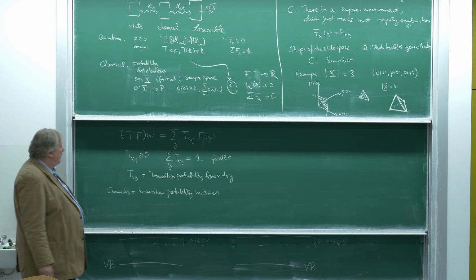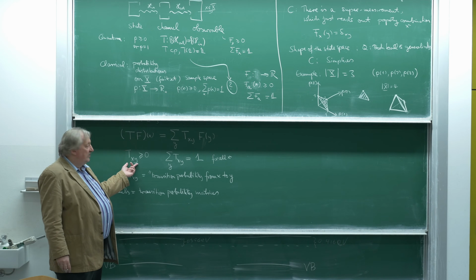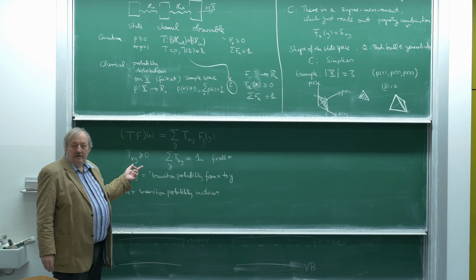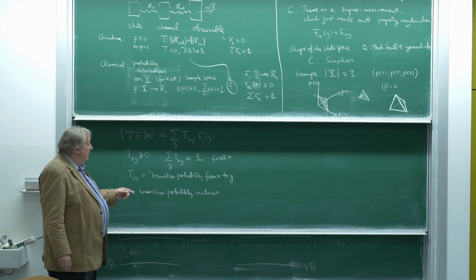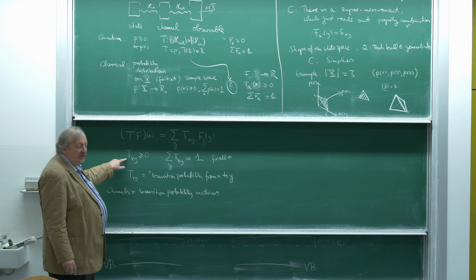Okay, so this is the channel in the Heisenberg picture. What is the channel in the Schrodinger picture? Then I write this as a transformation on states.